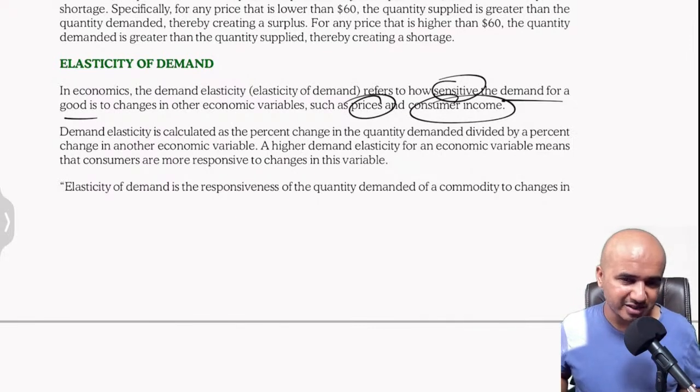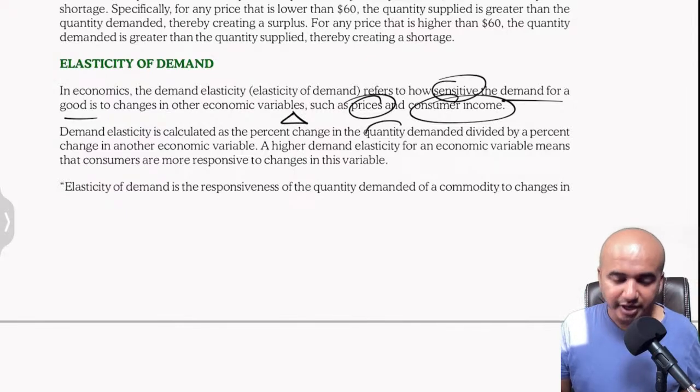So just because the prices come down by 10%, how much more quantity is demanded of a particular product?